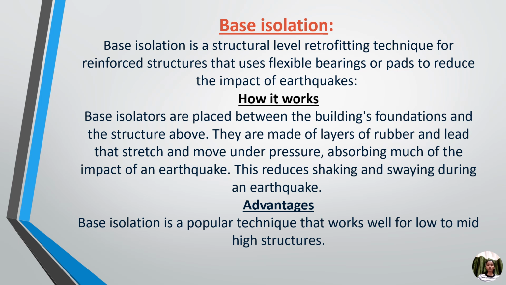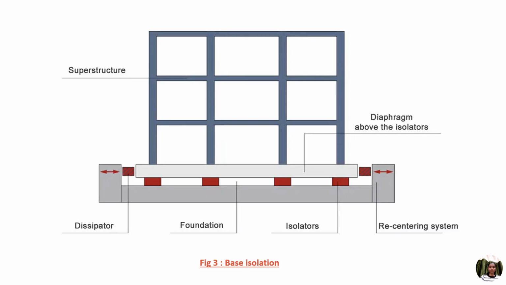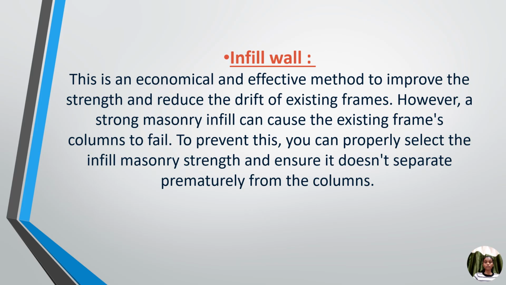They are made up of layers of rubber and lead that stretch and move under pressure, absorbing much of the impact of an earthquake. This reduces shaking and swaying during the earthquake. Advantages: base isolation is a popular technique that works well. This is the figure of base isolation.